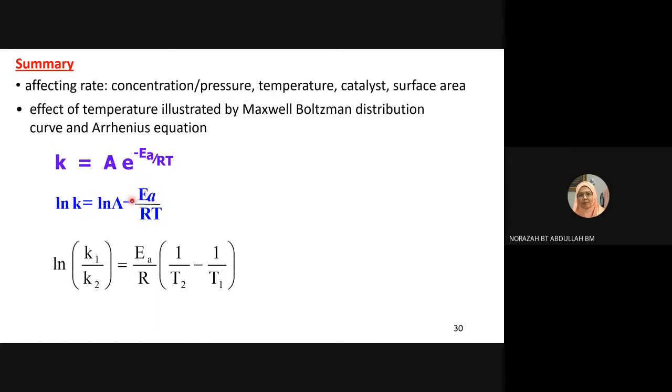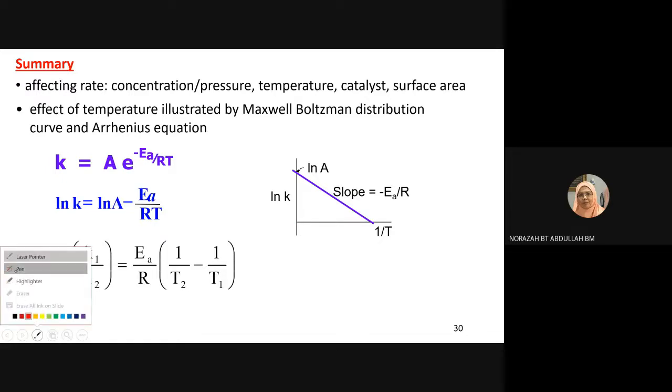Slope of the graph tu adalah negatif EA over R. R tu gas constant. Dan sekiranya dia beri dua condition, 2 K dan 2 temperature, kamu boleh pakai formula ni. Okay, itu grafnya ditunjukkan. Slope-nya, kamu boleh cari slope untuk mengira EA.